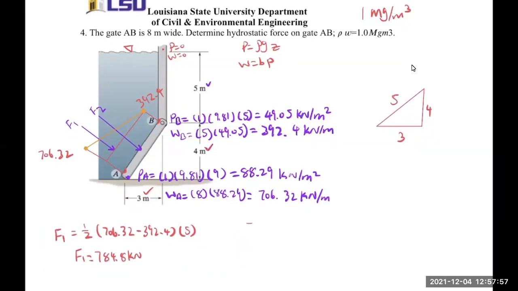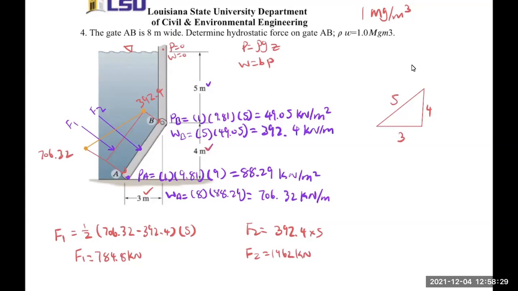And then for F2, since it's a rectangular distributed load, to find the single point load force, it will be simply the load multiplied by the length. So basically 392.4 multiplied by 5, you're going to get F2 equal to 1962 kilonewtons.